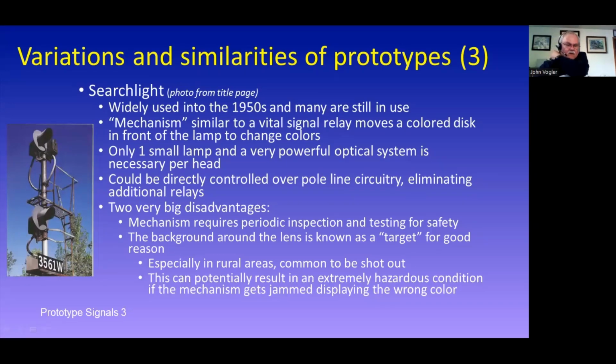And that can potentially lead to a very, very hazardous condition if the mechanism gets jammed in the wrong position from broken glass or a bullet or whatever, displaying the wrong color at the wrong time.